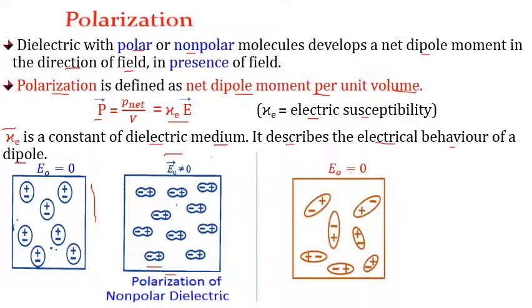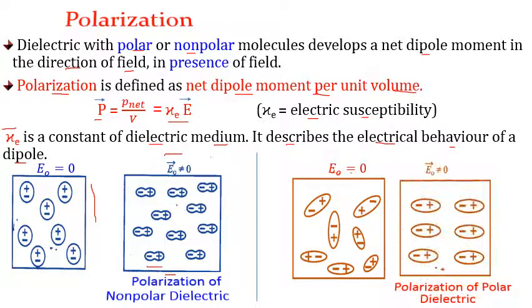Same thing is happening when it is non-polar. In case of polar, when this external field is zero, then a dipole moment is there individually, but the net dipole moment is zero. But when an external field is applied, there is a net dipole moment, or we can say it is polarized.